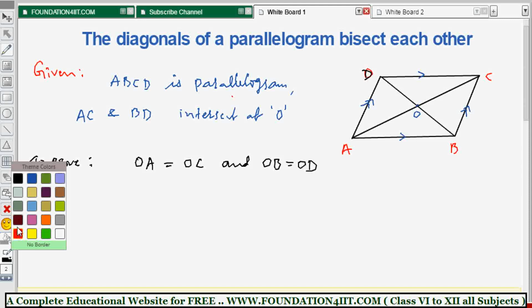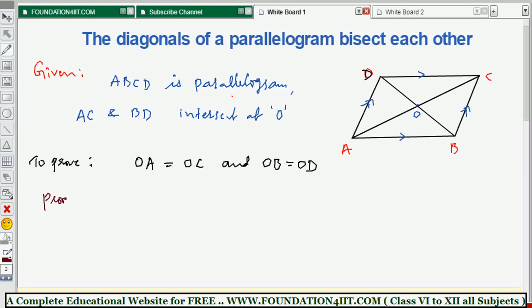When you see the proof, you observe two triangles: this triangle AOB, and one more, DOC. If I prove these two triangles congruent, then according to CPCT, I can confirm that OA is equal to OC and OB is equal to OD. That's it. So it's very simple.